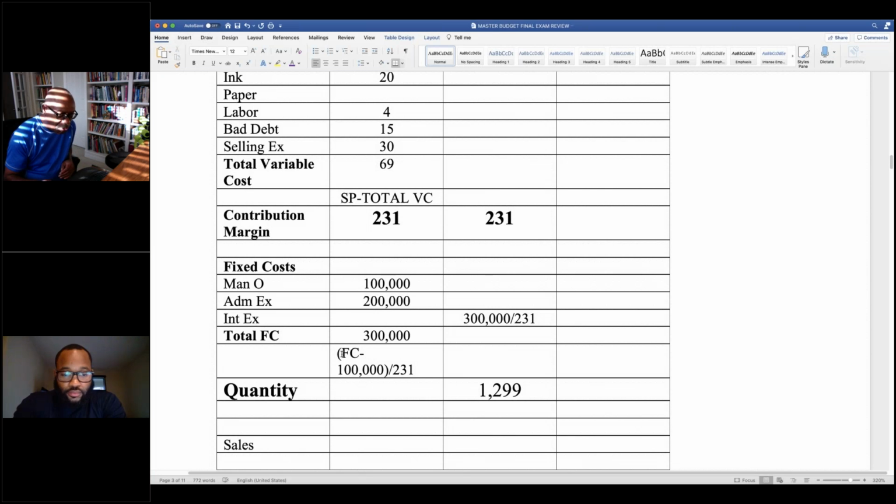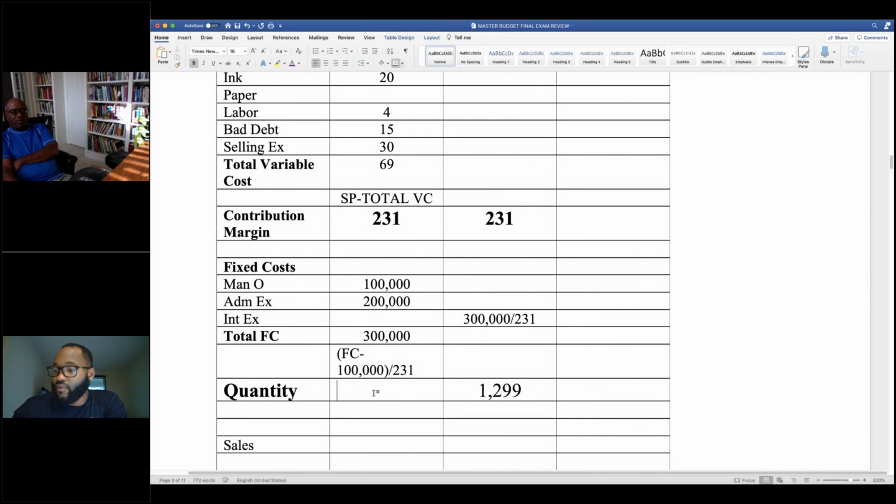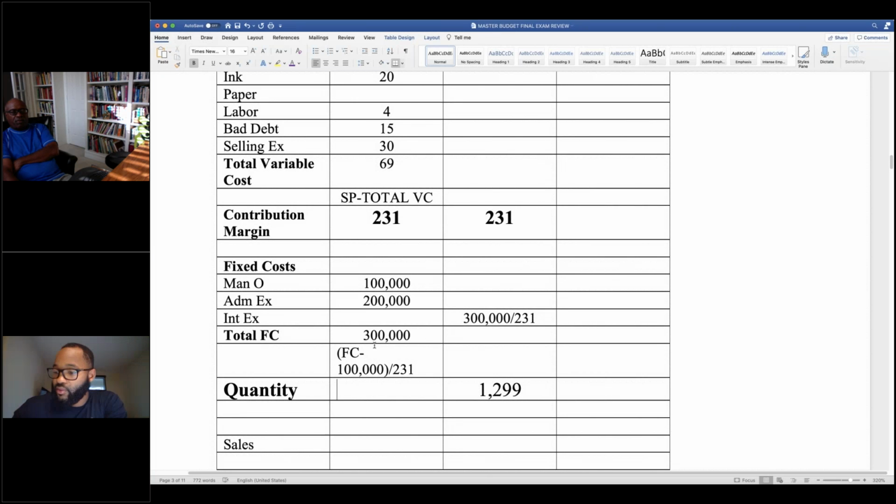And our fixed cost is 300,000. So what's our quantity? 200,000 divided by 231 is 866. All right, go prove it.